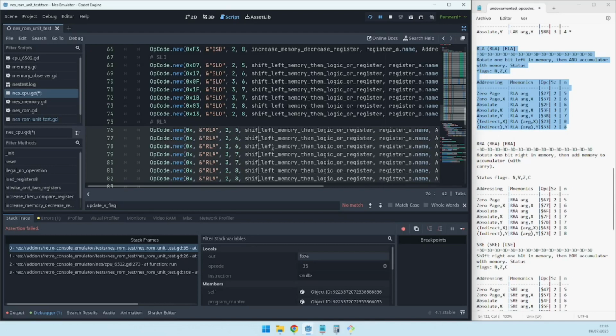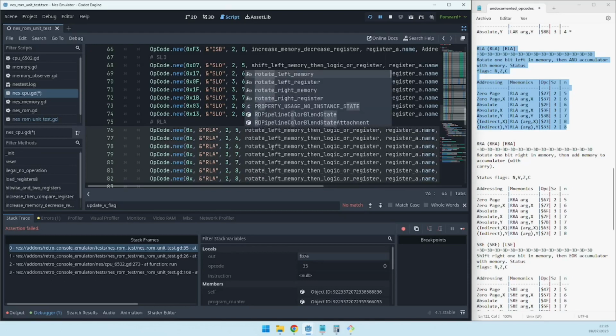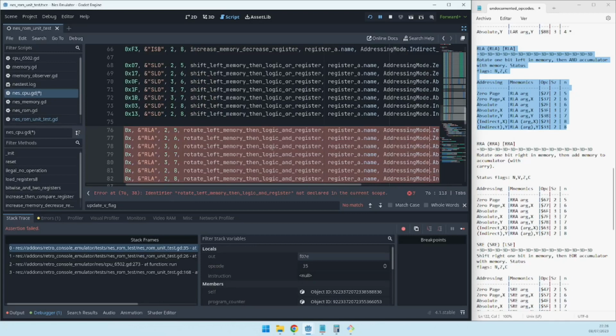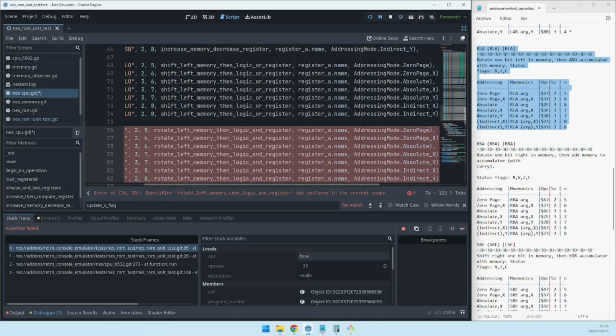So this one, let's change shift for rotate. Rotate left, then logic AND to register. Register A and same addressing mode. Zero page, zero page X, absolute, absolute X, absolute Y, indirect X, indirect Y. Perfect.